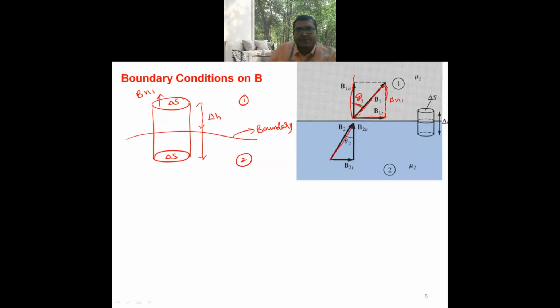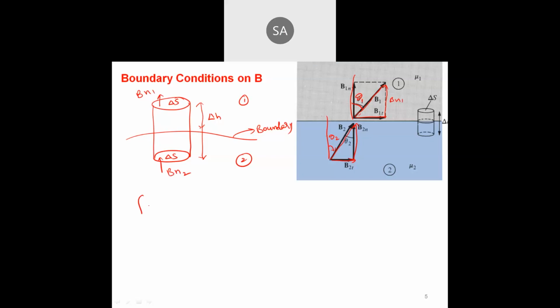B2 has tangential component BT2 and normal component BN2. It makes an angle theta 2 in medium 2. Now this is the direction of BN2.